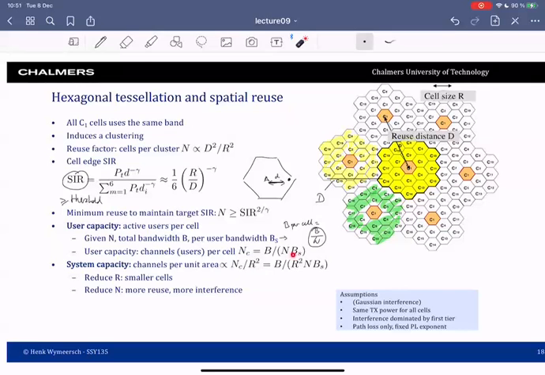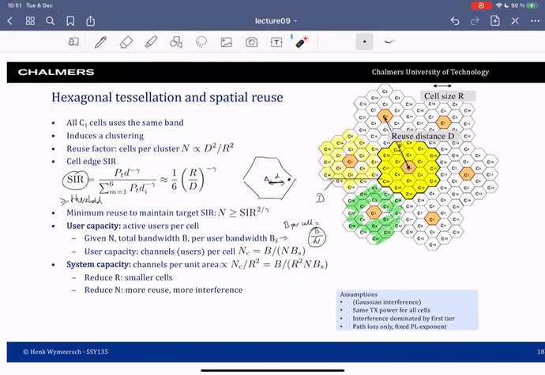Then you can plug in these values and you obtain this. And then you see that when we have smaller cells, we'll have more system capacity. When we reduce N, so smaller clusters, we'll have more reuse. We have to reuse the frequencies more frequently or more closely in space, and we will have more interference.